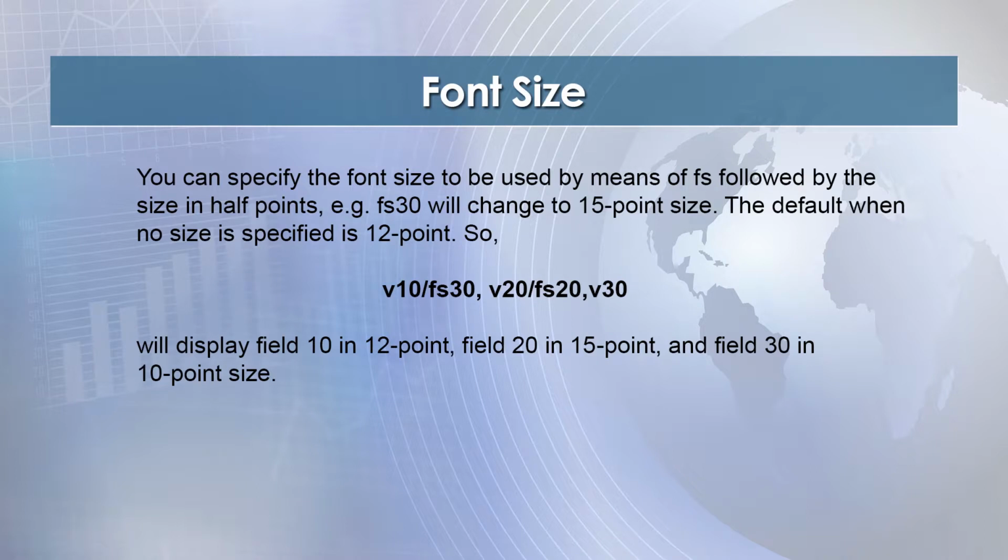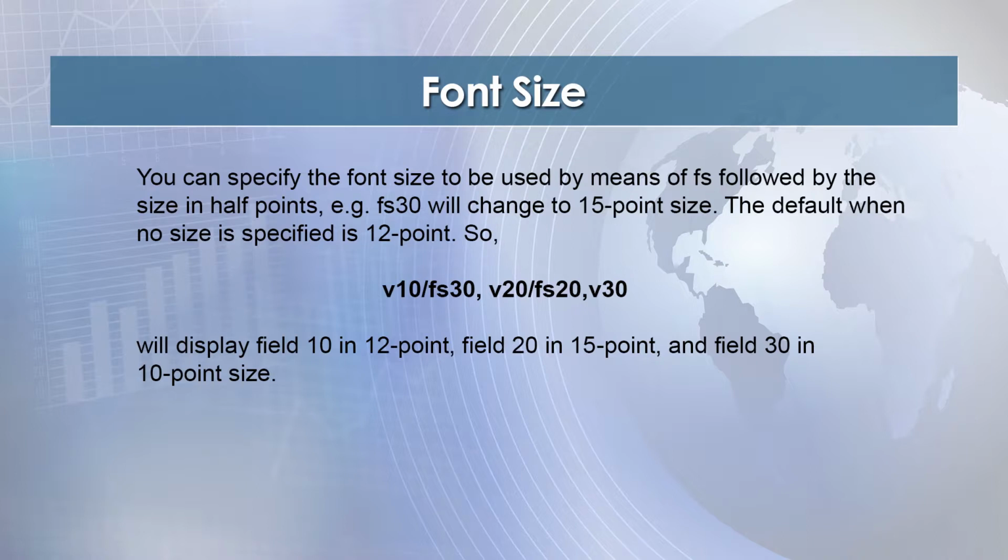Now comes the font size. In the case of the DOS version of CDS/ISIS, you cannot manage font style; it will be the default 12-point pica font that is available for each and every display. But in the case of CDS/ISIS for Windows, you can have proper control on the font size. You can display different tags in different font sizes, and the corresponding command is FS.